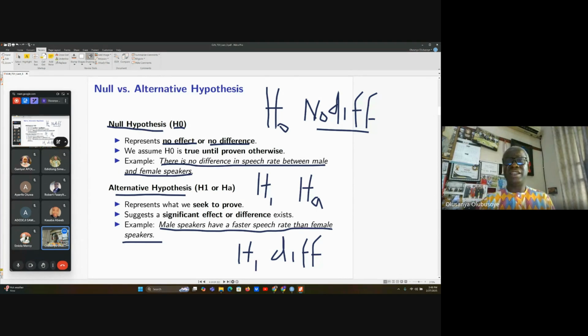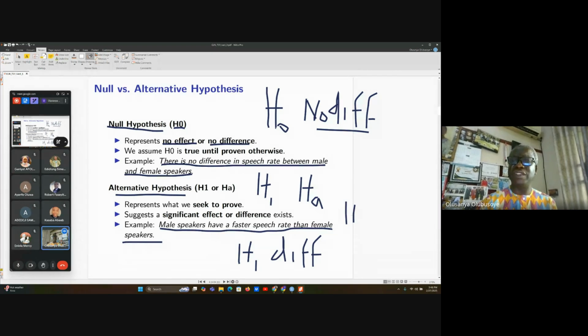It could also go further, and another alternative hypothesis could say male is greater than female.